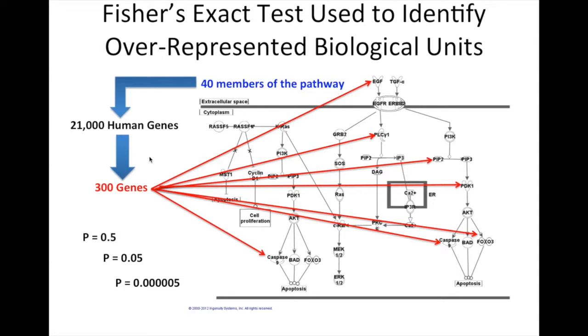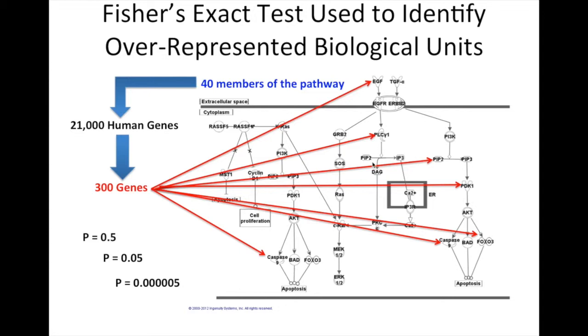Basically, the statistics behind this is pretty simple. It's just a Fisher's exact test. Given a limited number of genes and a biological unit, I can tell, in any list of genes, statistically, the probability of getting this. And we can do this for anything.